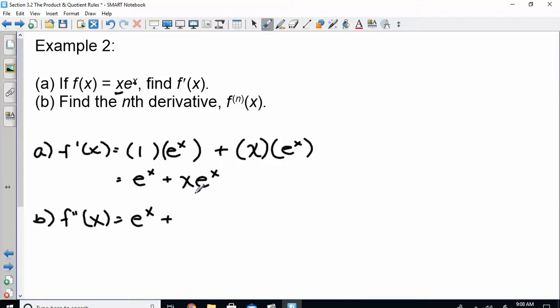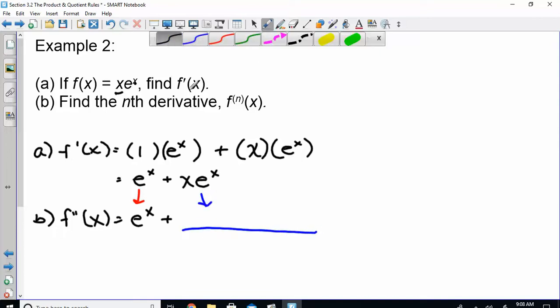Plus, how do we do the derivative of x e to the x? Isn't that what we did first? The derivative of x e to the x, we have to do the product rule. So this is just for my derivative of e to the x. And then we have to come down to the derivative of this thing.